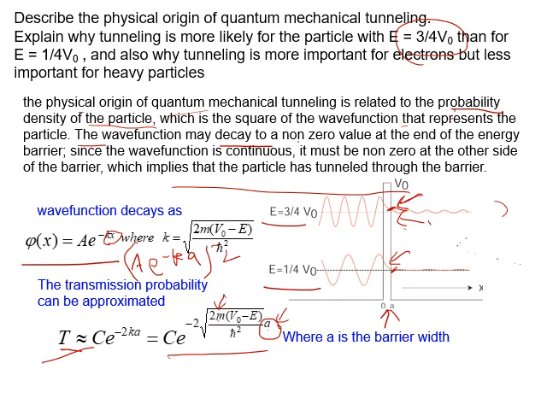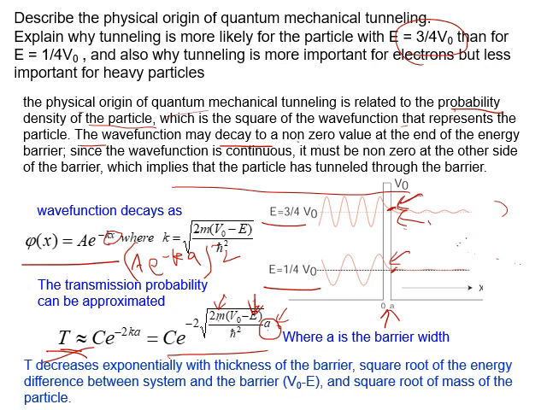Okay, and you also have energy here. The larger this energy, the larger the probability. So the tunneling transmission probability decreases exponentially with the thickness, according to the equation, with the square root of the energy difference between the system and the barrier, and the square root of the mass of the particle.